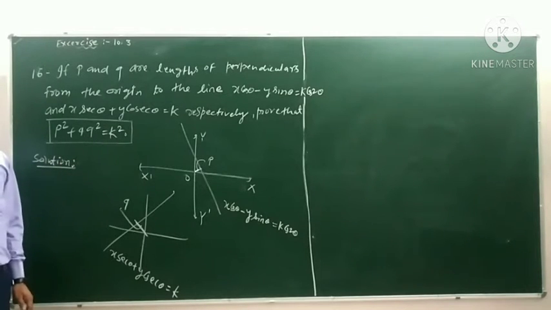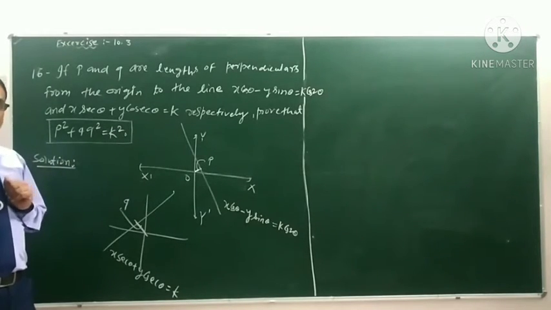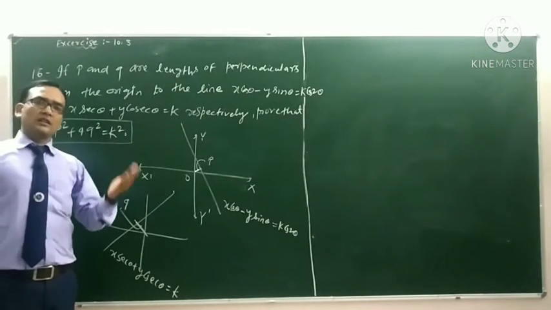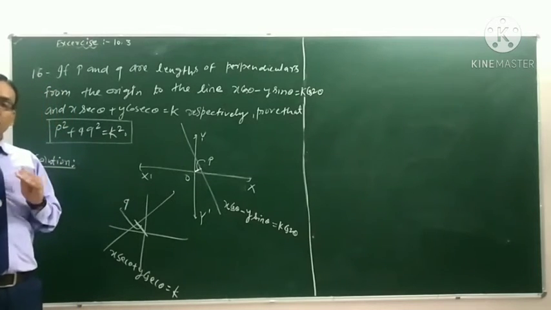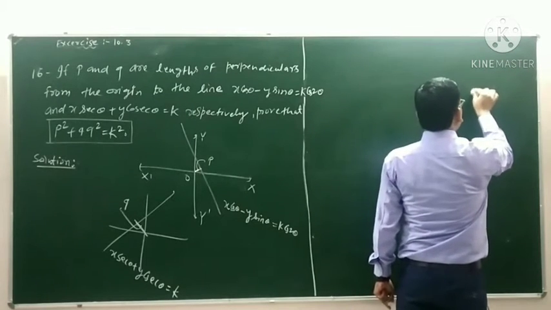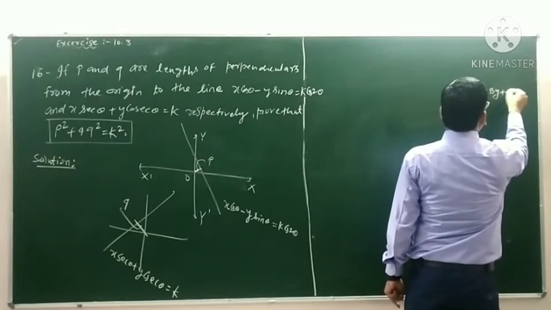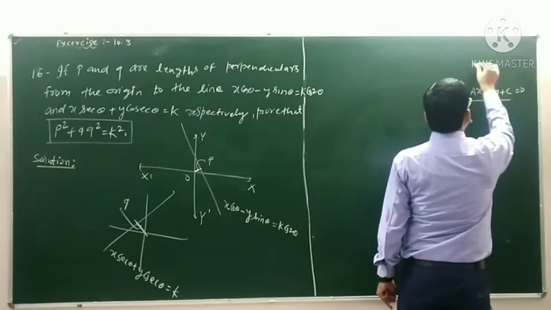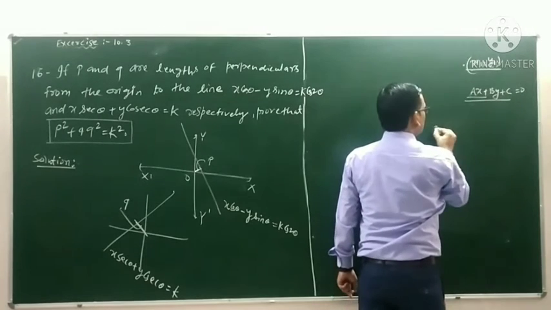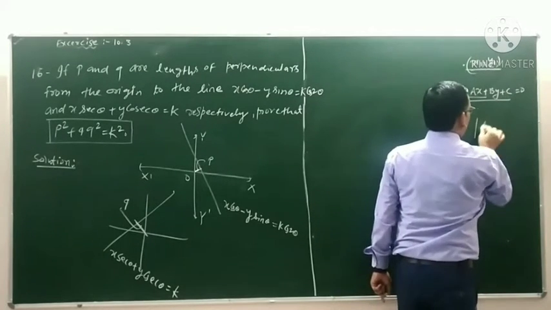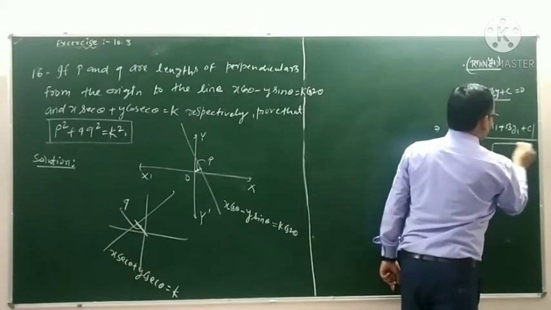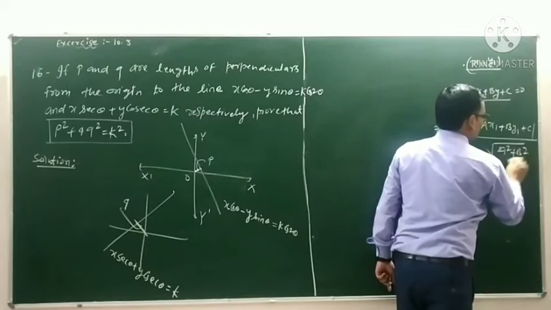Okay students, using the formula for the distance of a point from a line, which we have already studied: for the line ax plus by plus c equal to 0 and the point (x1, y1), the distance of the point from the line is equal to mod of (ax1 plus by1 plus c) upon square root of (a square plus b square).